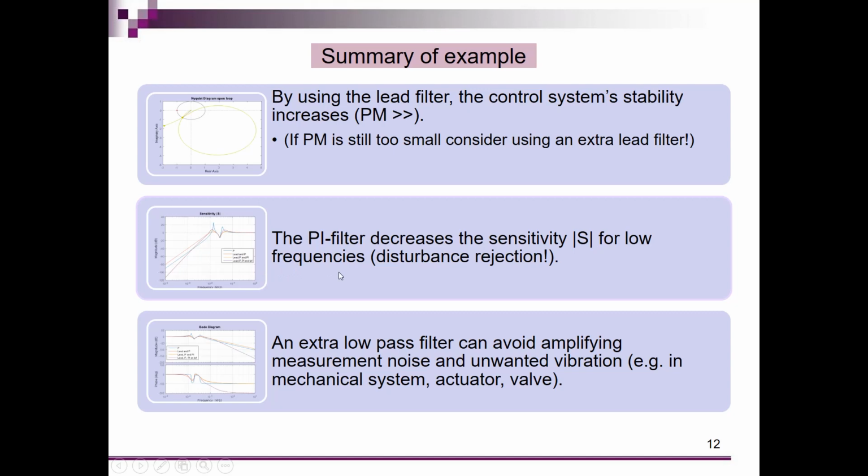That is why you want to implement a PI filter, so an integrator in your controller, but it costs phase margin, so it's worse for stability. And of course, an extra low pass filter may avoid amplifying measurement noise. And of course, it also has a somewhat worse aspect with respect to stability, as we have seen.